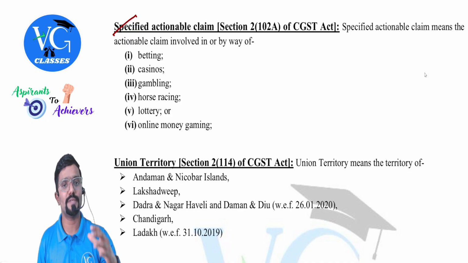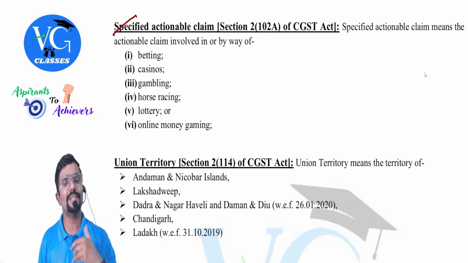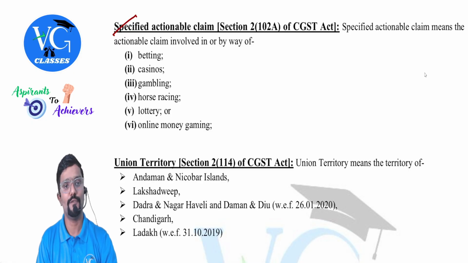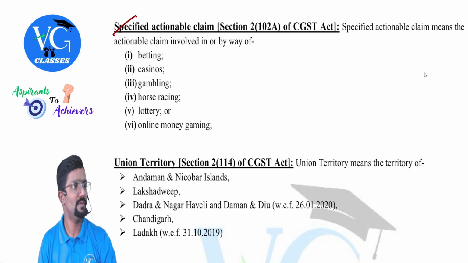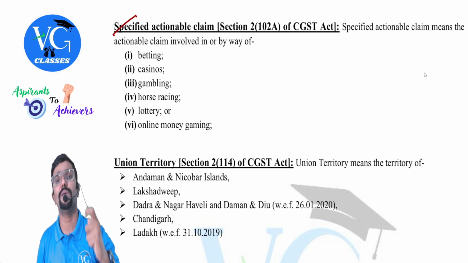Specified actionable claim, Section 2(102A) of CGST Act. Specified actionable claim means actionable claim involved in or by way of betting, casino, gambling, horse racing, lottery, or online money gaming. OMG. Online money gaming. All this is actually actionable claim, but they are naming it as specified actionable claim.